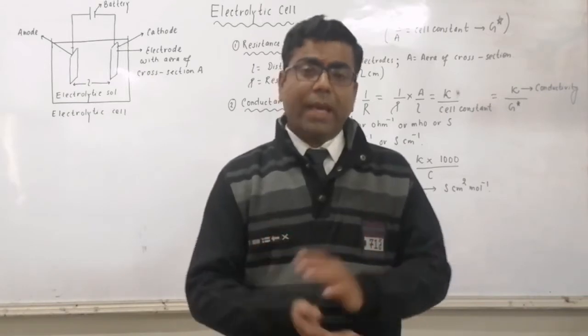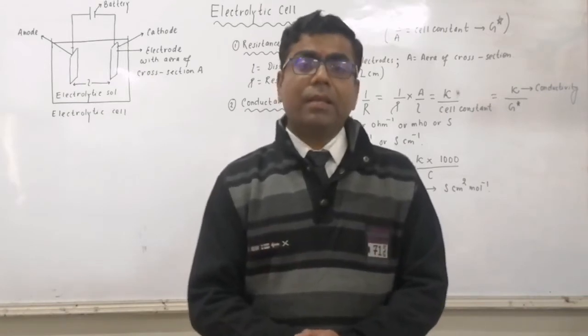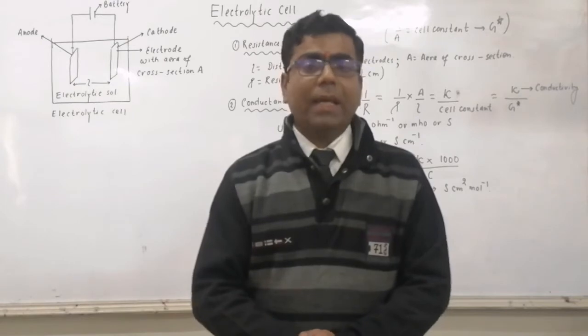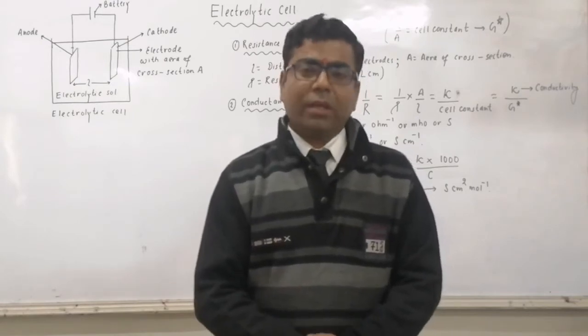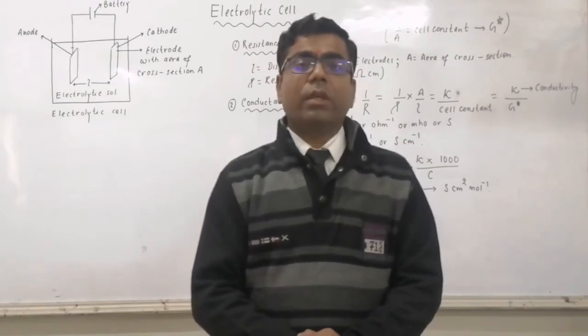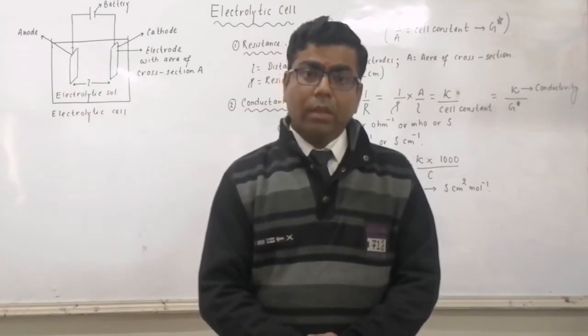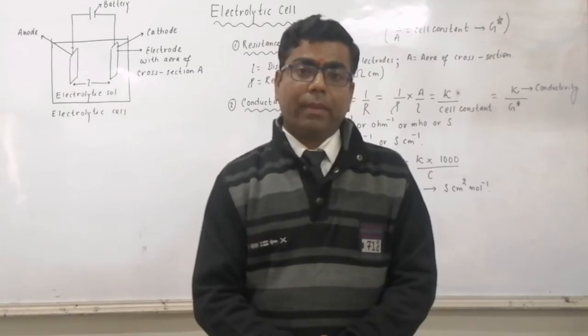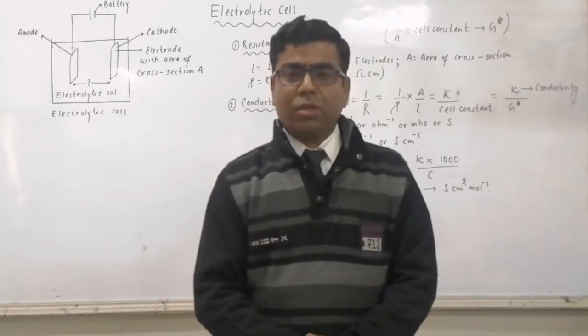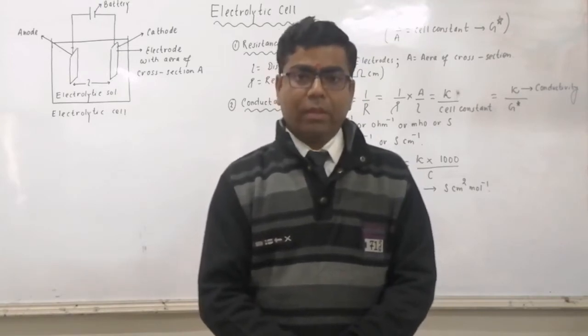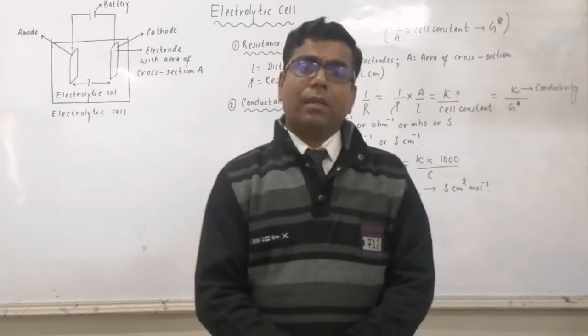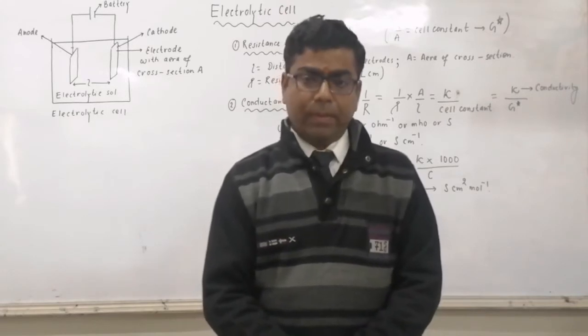So here we can say that an electrolytic cell is a device by the help of which electric current or electrical energy is converted to chemical energy. In an electrochemical cell, the oxidation and reduction reactions take place in different chambers, different halves.